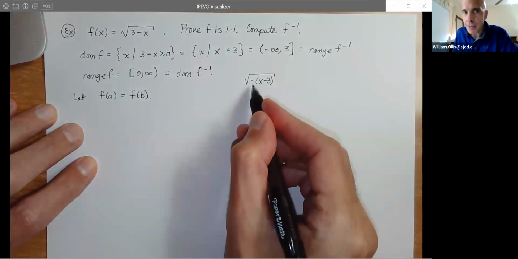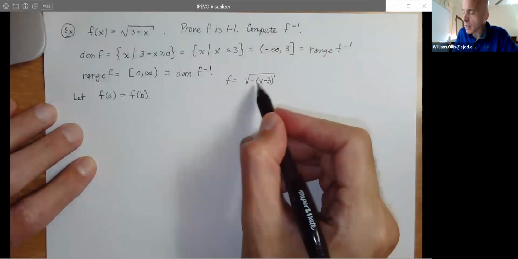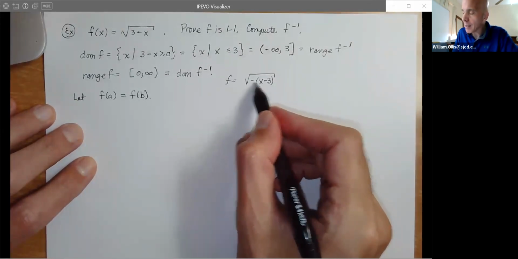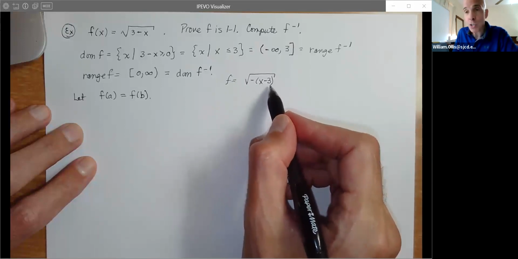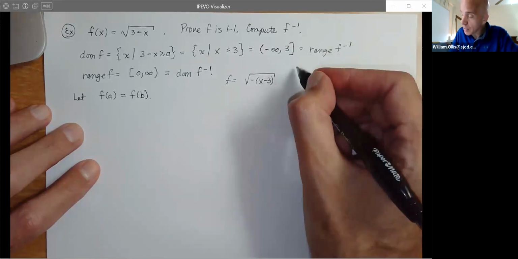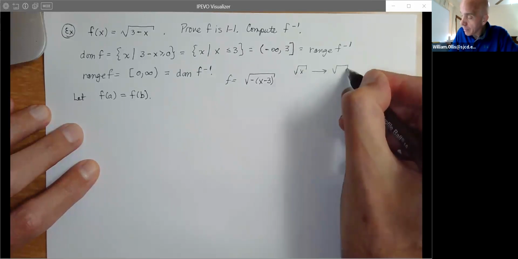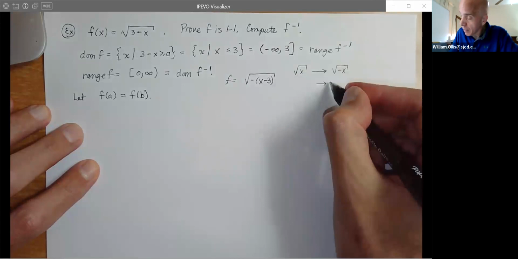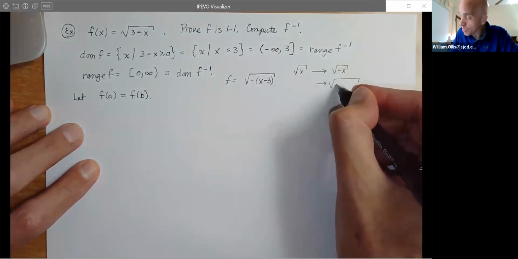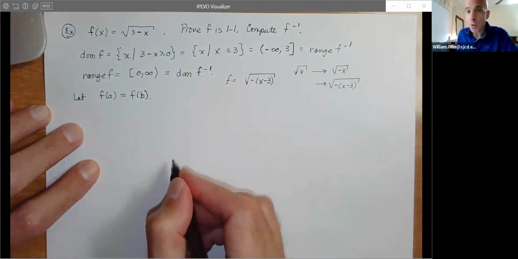If f is actually written this way, you'd say, oh, okay, I can reflect the graph in the y-axis, replacing x with its additive inverse, and then do a right shift by 3. So we could say this is x, y-axis reflection, and then replace x with x minus 3.